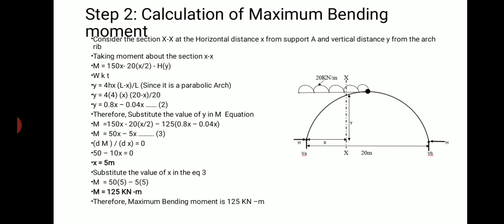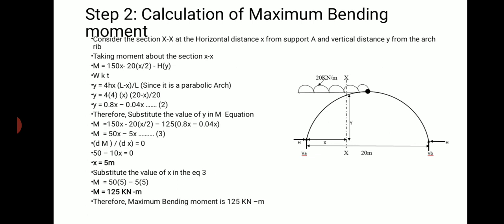After that, I need to consider the section xx, which is at a distance of x from support A. Either I can take B or A, but in this case I am taking support A for easy solving of the problem. So x is the distance from A to the section xx, and y is the distance from that to the arch rib.